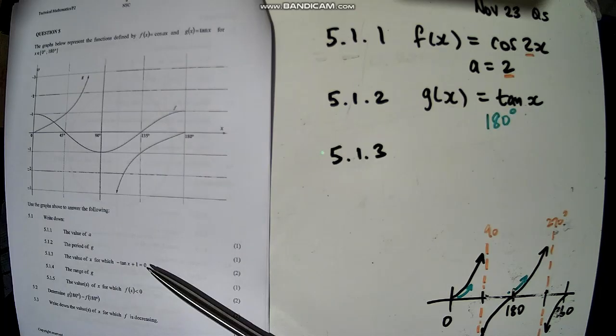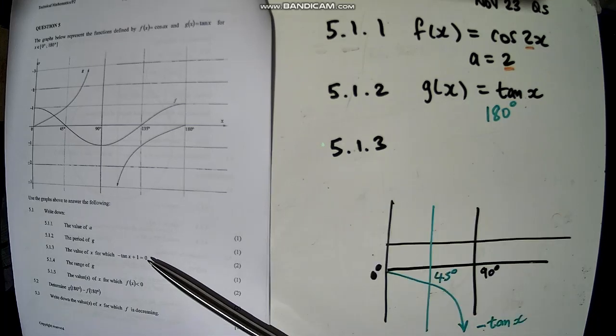The next question says the value of x for which negative tan x plus 1 is equal to 0. Now, a graph that is negative tan x would look something like that. It would be starting at 0 and moving down there. Now what would the graph of negative tan x plus 1 look like?